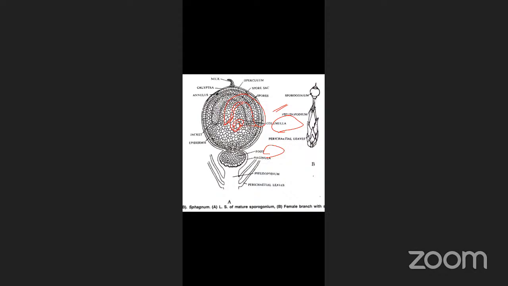Air enters this cavity through the rudimentary stomata. Rudimentary stomata means, as I already told you, the epidermis with chlorophyll also has small pores. These are called rudimentary stomata, that means undeveloped stomata. Through them the air enters the columella's empty space.